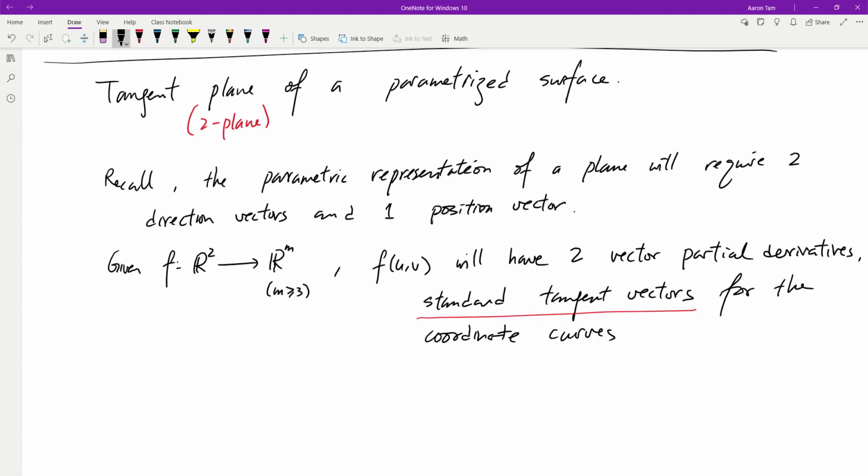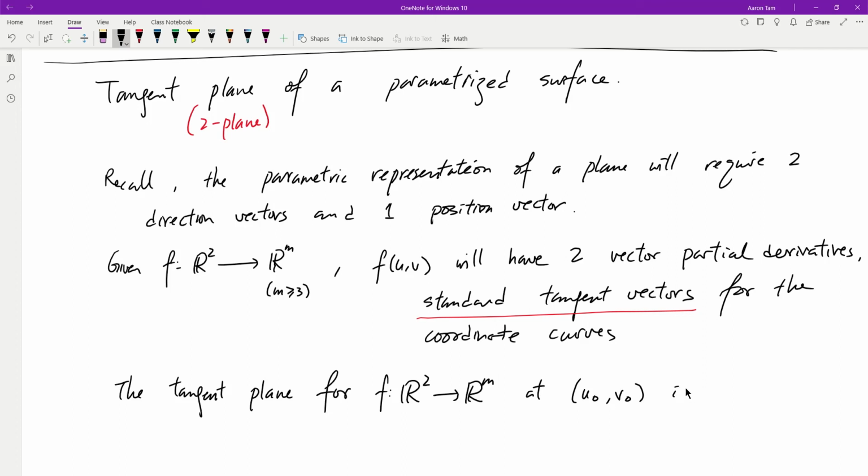And therefore, this allows us to use these to form a tangent plane. So here is the tangent plane formula. The tangent plane for a function f that maps from R2 to Rm, and remember m has to be 3 or greater, at a specific value, let's say u sub 0, v sub 0, is given by this formula. Notice that this tangent plane formula is specific to this type of function.